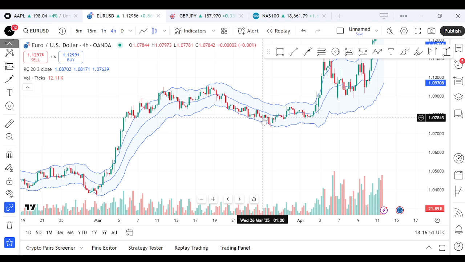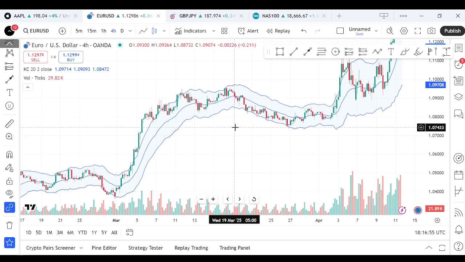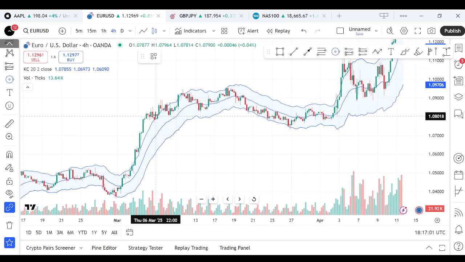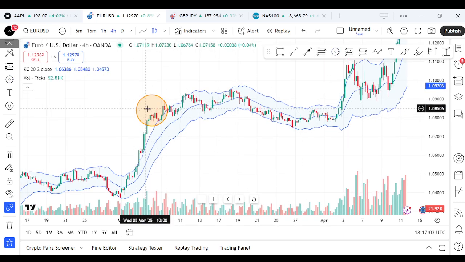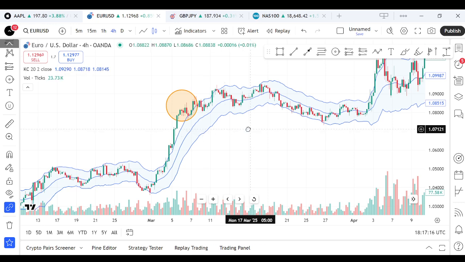Now you should also know that the Keltner channel helps identify overbought and oversold conditions. For instance, if the price consistently closes near or outside the upper band, as you can see here, all over this area, it may signal overbought conditions, while prices near or below the lower band could indicate oversold conditions.